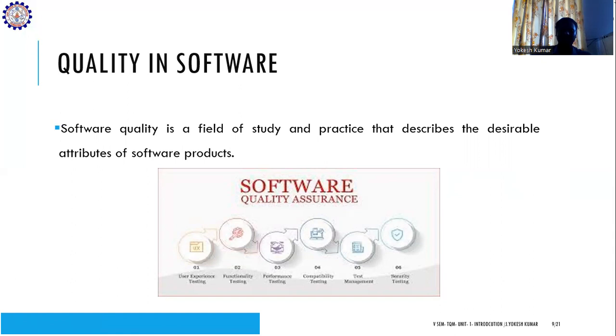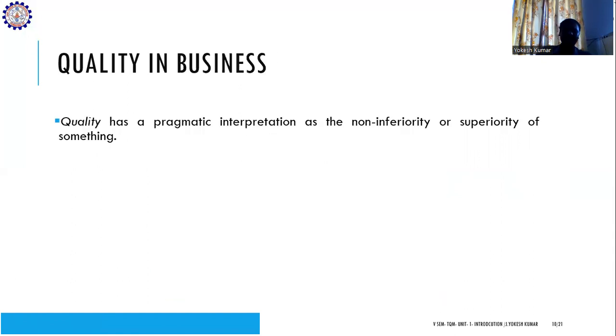So we can ensure quality in software. And quality in business. Quality is defined from a business point of view as a pragmatic interpretation of non-inferiority or superiority of something. So quality is not about the inferiority or superiority of the product. A quality product means conforming to the requirements of the customer.